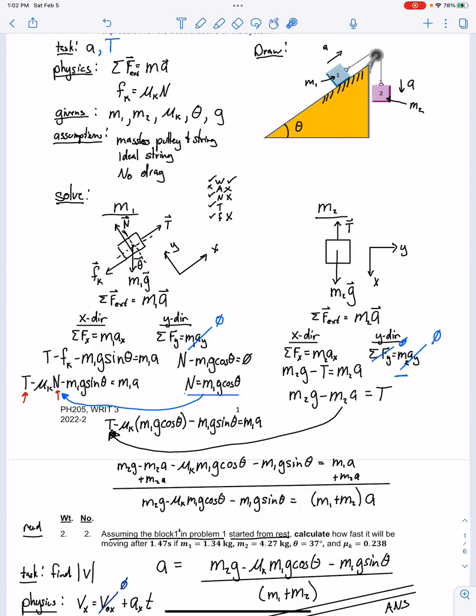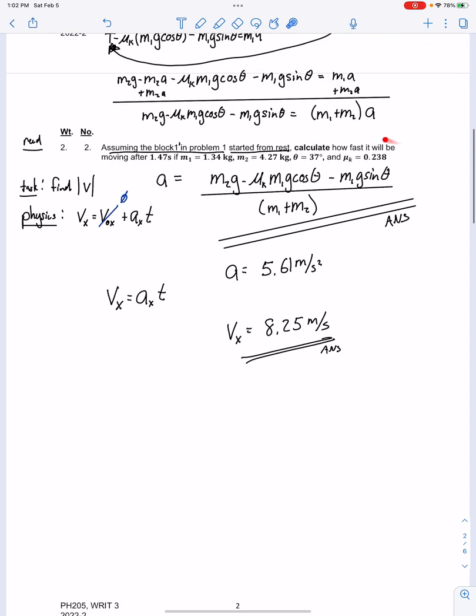For problem number 2, this was intended to be a reminder of the first block, because we said it started from rest. You could find the acceleration, right? You plugged into this equation and found the acceleration is just a number. When we did kinematics, we used acceleration without giving thought to what caused it.